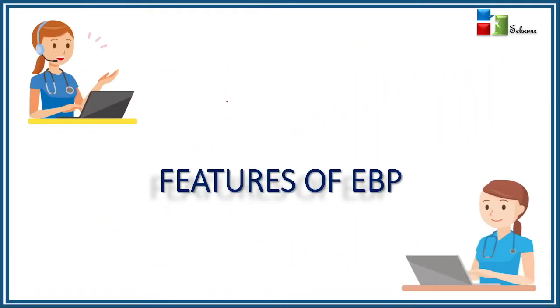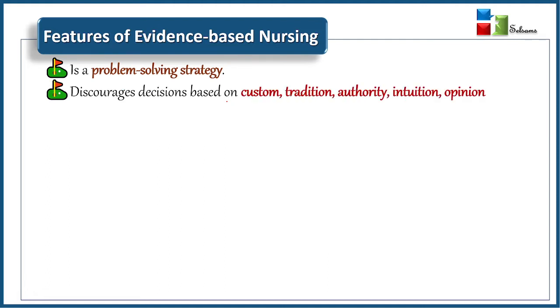So what are the features, which means characteristics, of evidence-based practice? It is a problem-solving strategy. For example, you take a research topic. Most of the topics will be problems faced, and you try to solve them. This discourages decisions based upon custom. What is a custom?